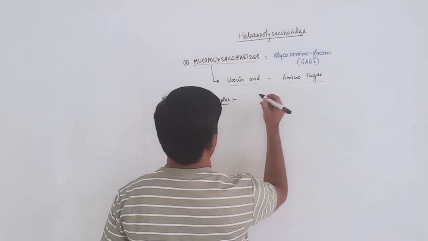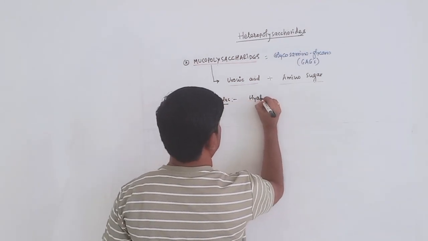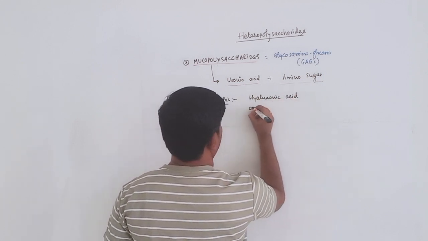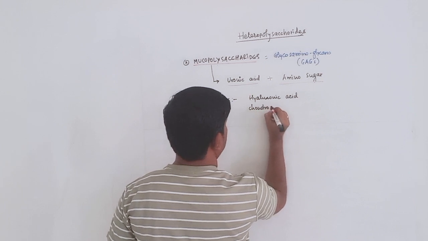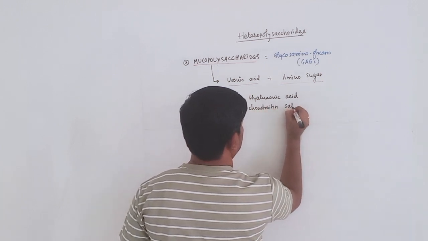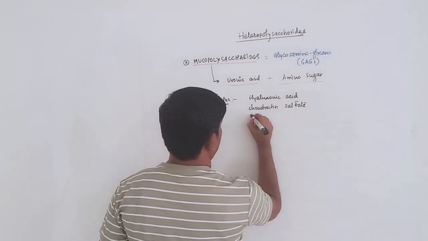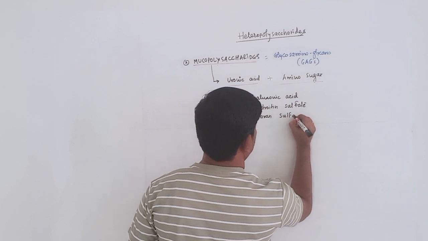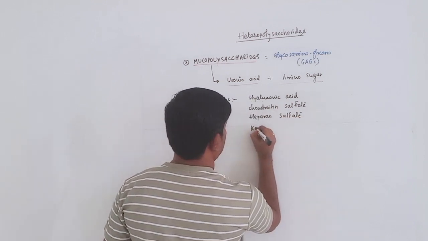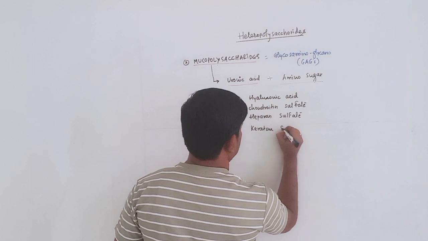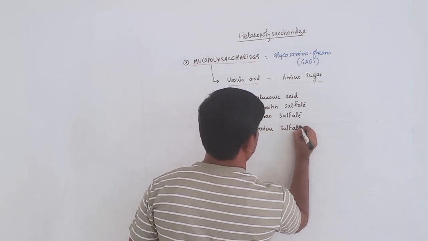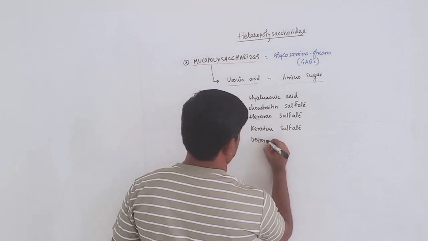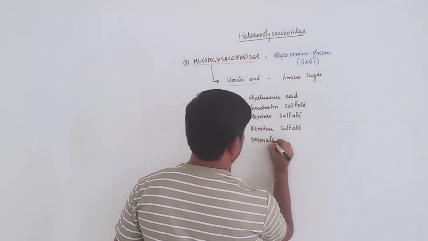Examples of mucopolysaccharides are hyaluronic acid, then we have chondroitin sulfate, heparan sulfate, keratan sulfate, and dermatan sulfate.